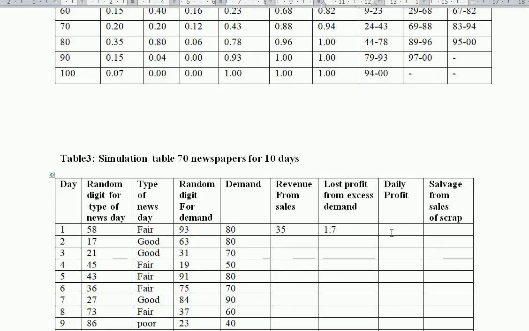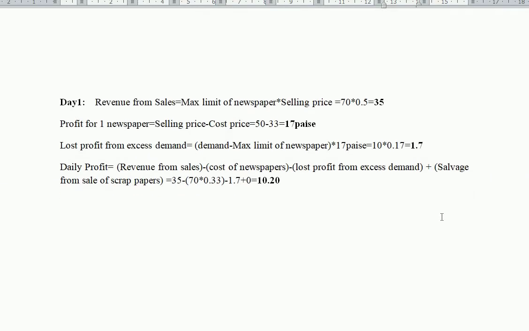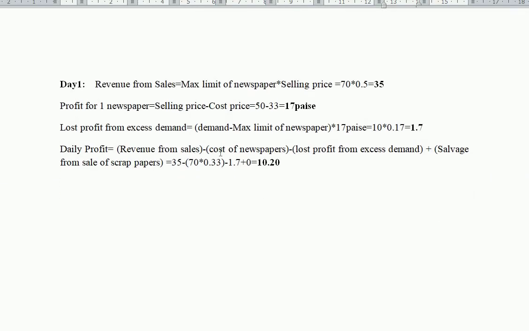So what is the daily profit? We have a formula for that. The daily profit formula is revenue from sales, minus cost of the newspaper, minus lost profit from excess demand, plus salvage from sale of scrap papers. Here there are no scrap papers because we have an excess demand.